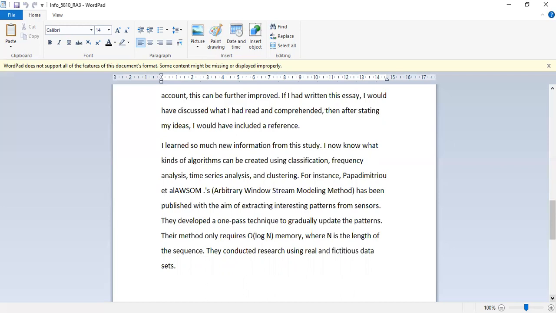Its arbitrary window tree modeling method was published with the aim of extracting interesting patterns from sensors. They developed one-pass techniques to gradually update the patterns. The method only requires log n memory, where n is the length of the sequence. They conducted research using real and fictitious data sets.